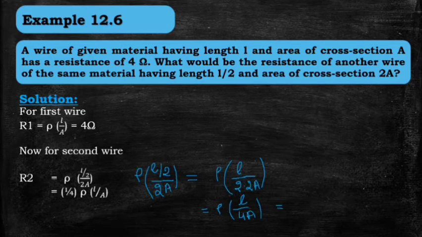This is 1 by 4. Over 4 we will have 1. We can take it out as 1 divided by 4 into rho into L by A.